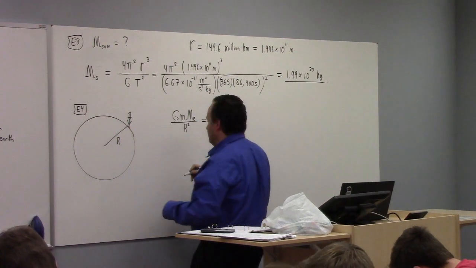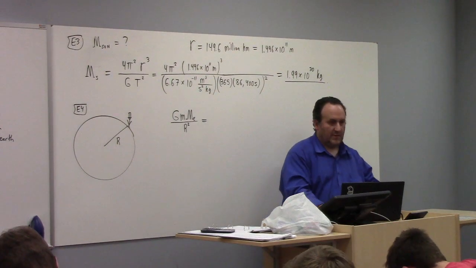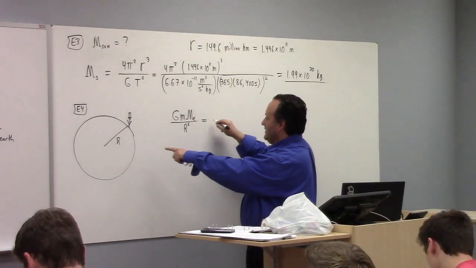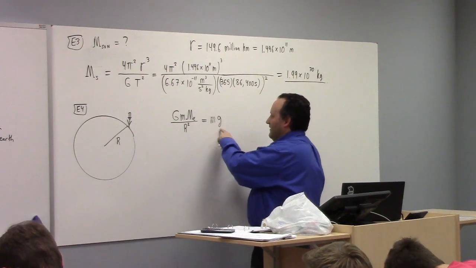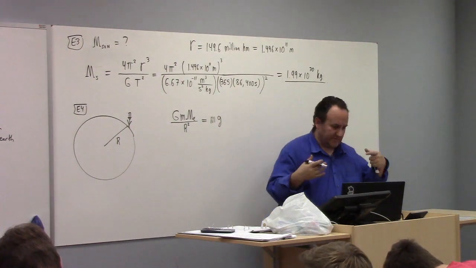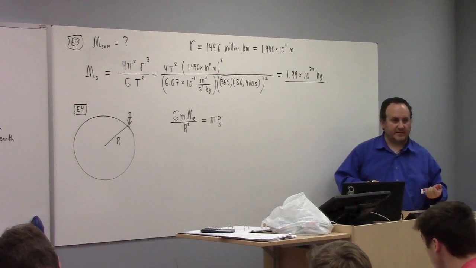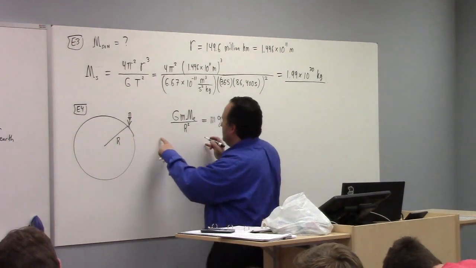And that's equal to what? Well, there's no mv squared over r stuff going on here. This is just equal to mg, by our definition. So the gravitational acceleration on the surface of the Earth is characteristic of the radius of the Earth and the mass of the Earth. You can work this out.